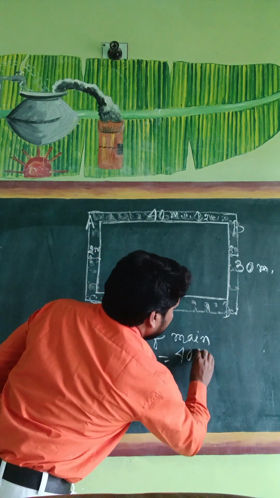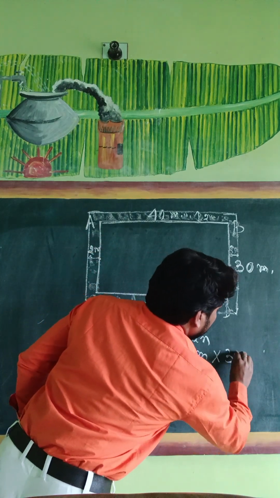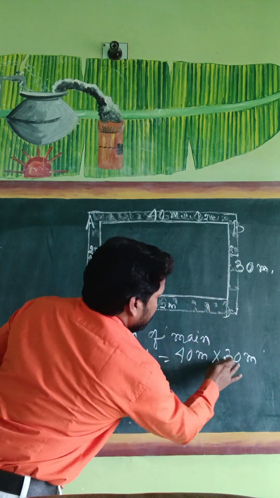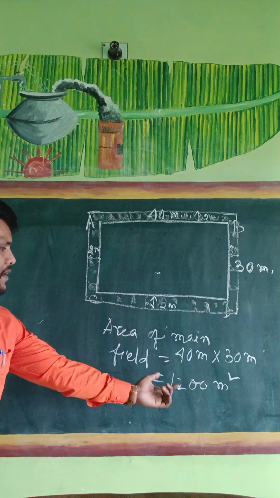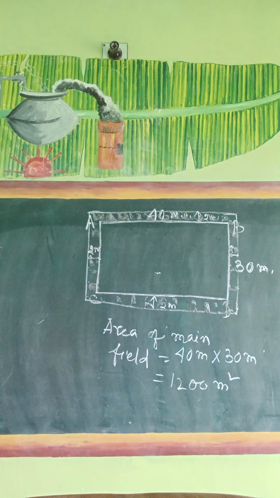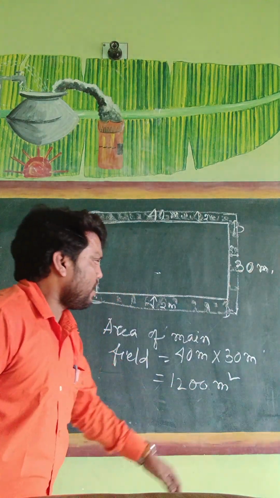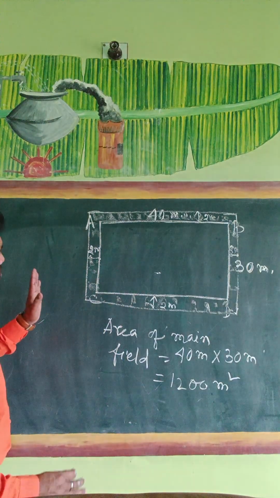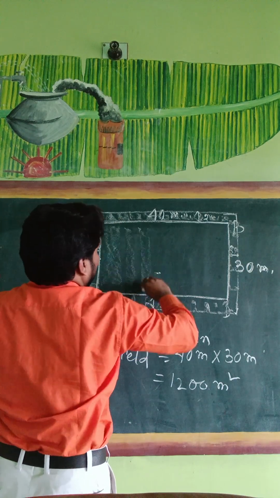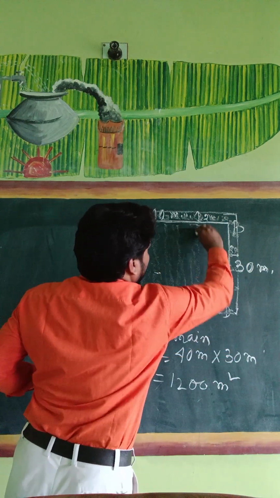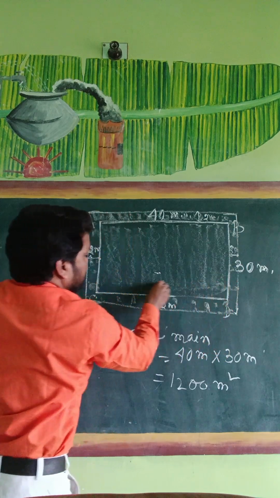So length 40 meter and breadth 30 meter: 3 4 12 and 00. Area is always squared, so meter square. Now observe very carefully. 1200 meter square is the area of this portion.